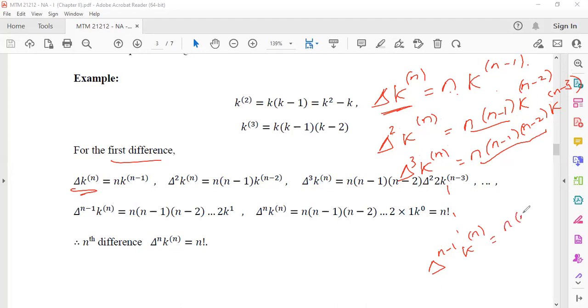So you go n minus 1, n minus 2, up to where you need to go. See, this is delta 3. You have to go 1 less than that. So 1 less than that is n minus 1 minus 1, which will be n minus 2. So you have to go up to n minus 2.